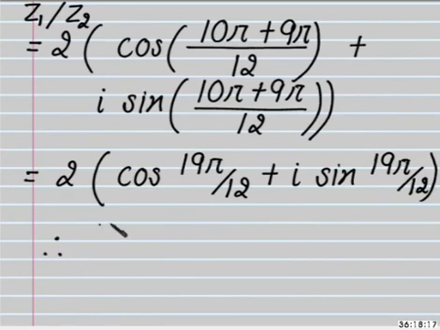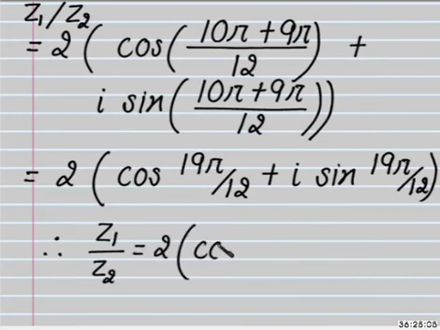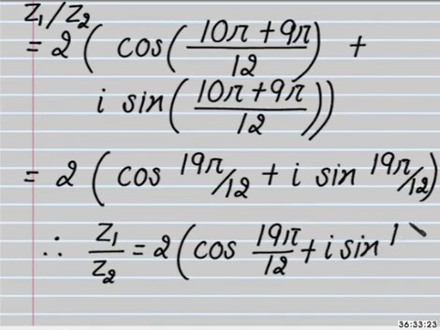Therefore, Z1 upon Z2 is equal to 2 into cos of 19 pi by 12 plus iota into sine of 19 pi by 12.